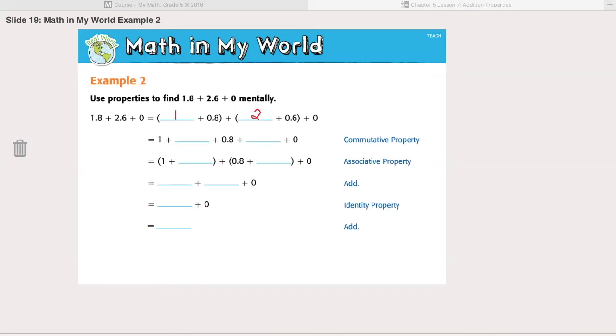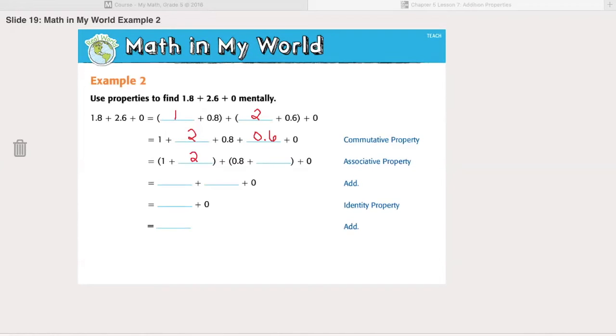And they're doing that so you can then add the whole numbers separately from adding the decimals. So 1 plus 2 and 0.8 plus 0.6. We've just rearranged the order of those numbers so that we could add the whole numbers.